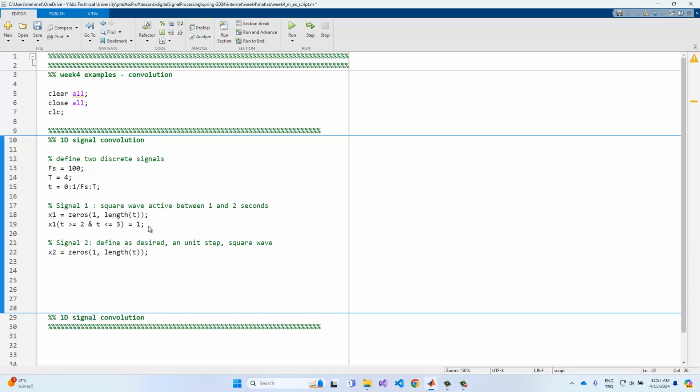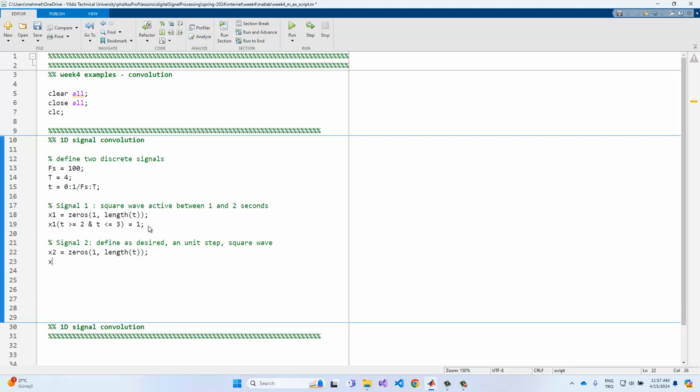Okay, and so we have 1 row value and we have the length of t column value in here. Okay, and x2 can be conditioned with t greater than or equal to 1 and t smaller than or equal to 2 assigned with 1, which is the square signal.